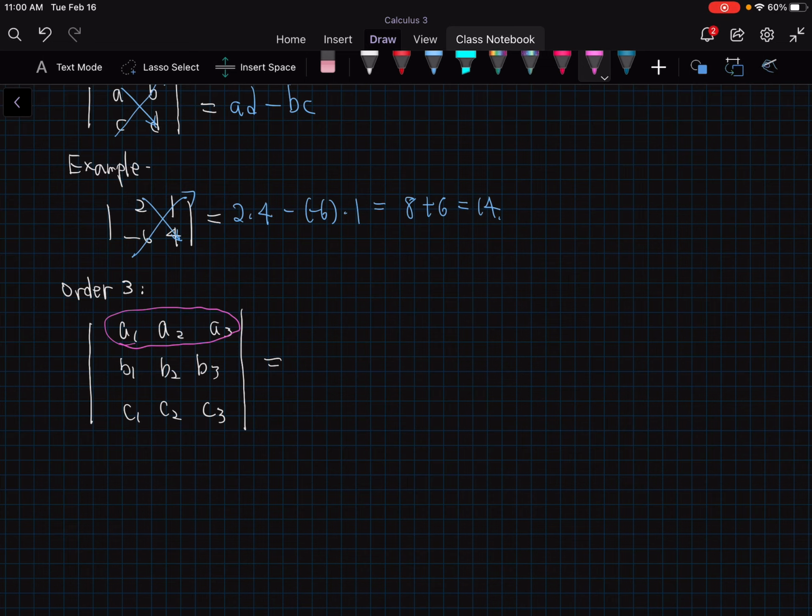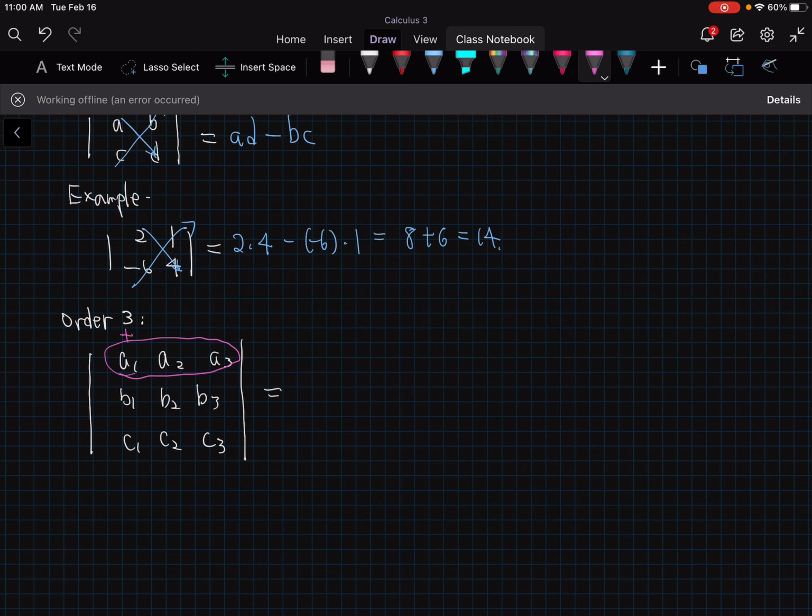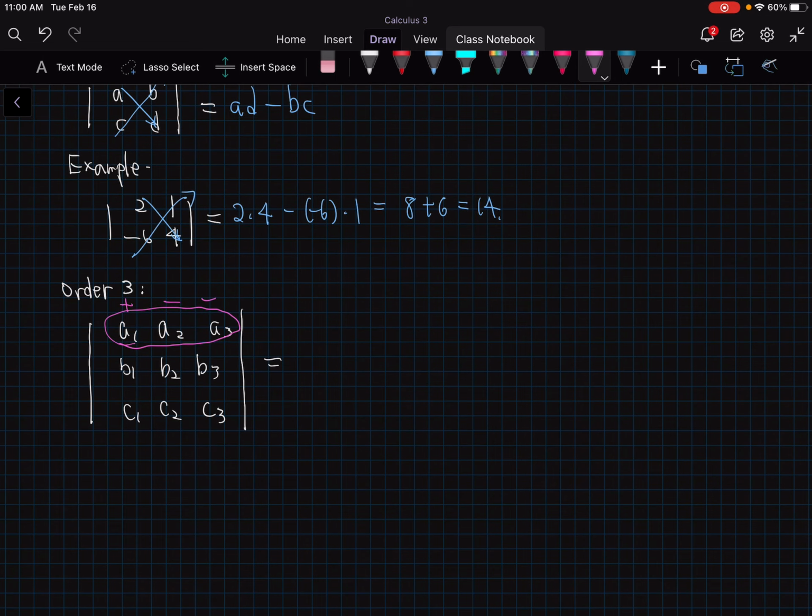So the rule is alternating sign. So it's positive, negative, positive, okay? Or if you start from here, positive, negative, positive, either way. I'm going to show you how to do this, all right? So A1, A2, A3, B1, B2, B3, C1, C2, C3. Minus A2. Here's A2.